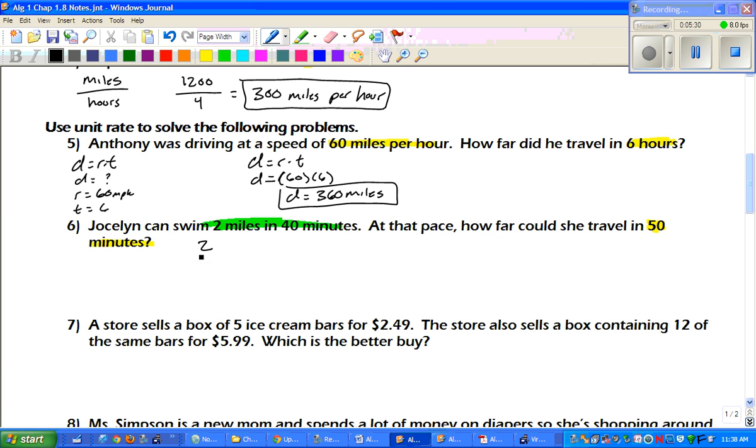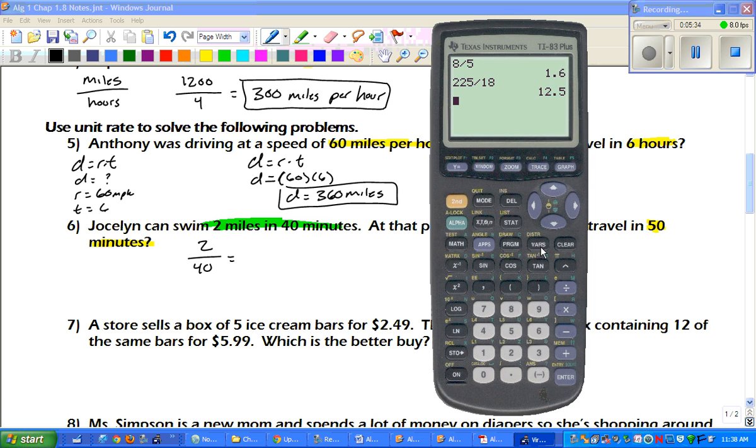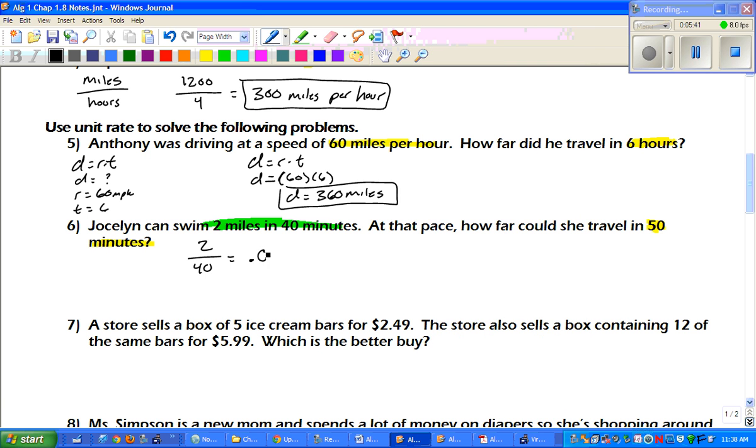So we get 2 over 40. So 2 divided by 40 gives us 0.05 miles per minute.